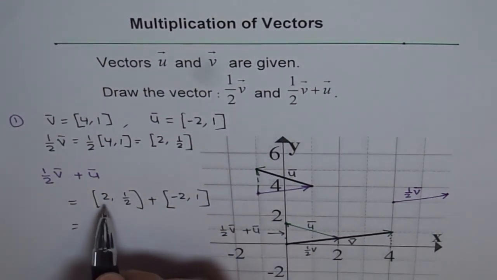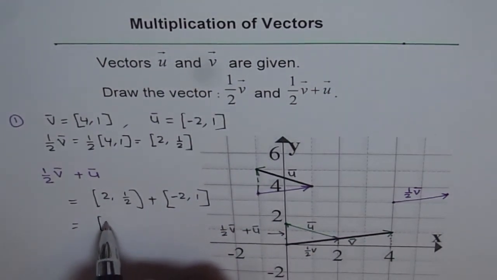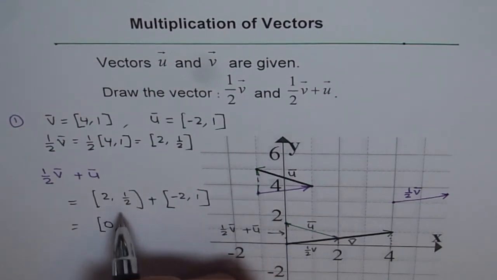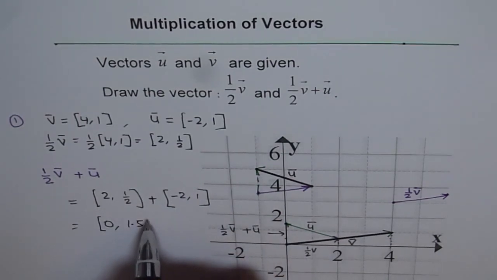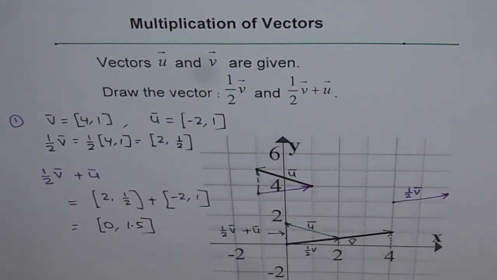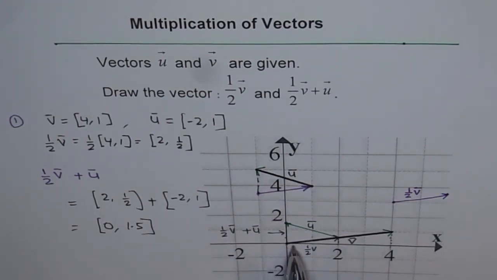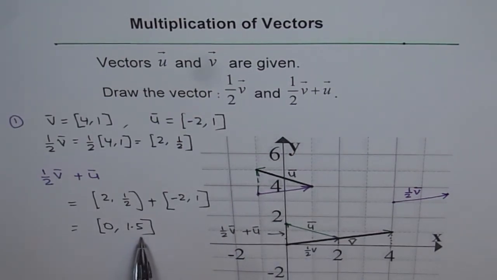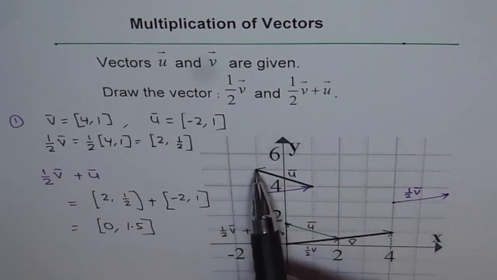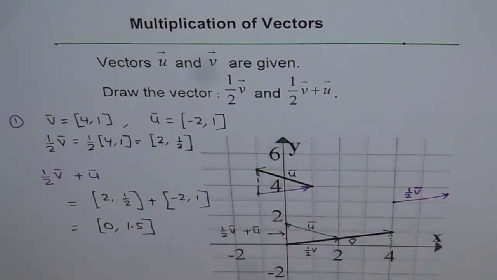So when we add them up, we get 0 and 1.5. So that is the end result. You can see 0, that means along the x-axis we are not moving, it's a vertical line, and 1.5, that is the result. So either way we get the same result. Here also when we translate it, this is half and 1, 1.5. So we got the same result.